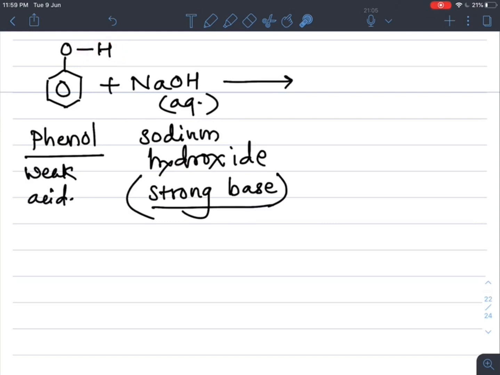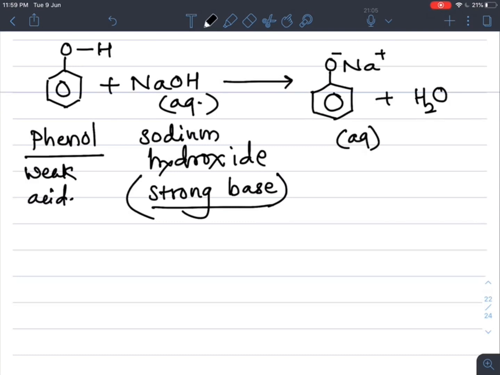and H plus and O minus are formed. During the breakdown of this OH, O minus combines with Na plus, and we get the product, sodium phenoxide, with the removal of H2. So aqueous sodium phenoxide is formed.